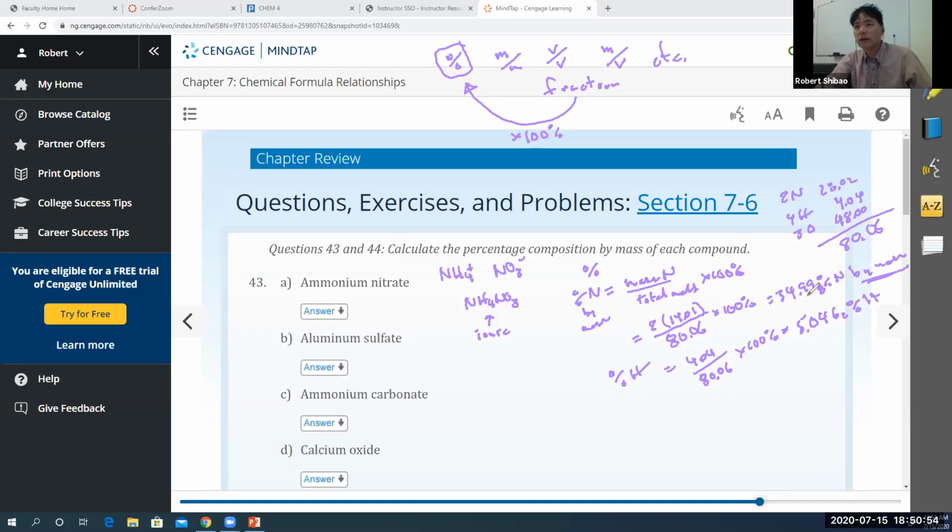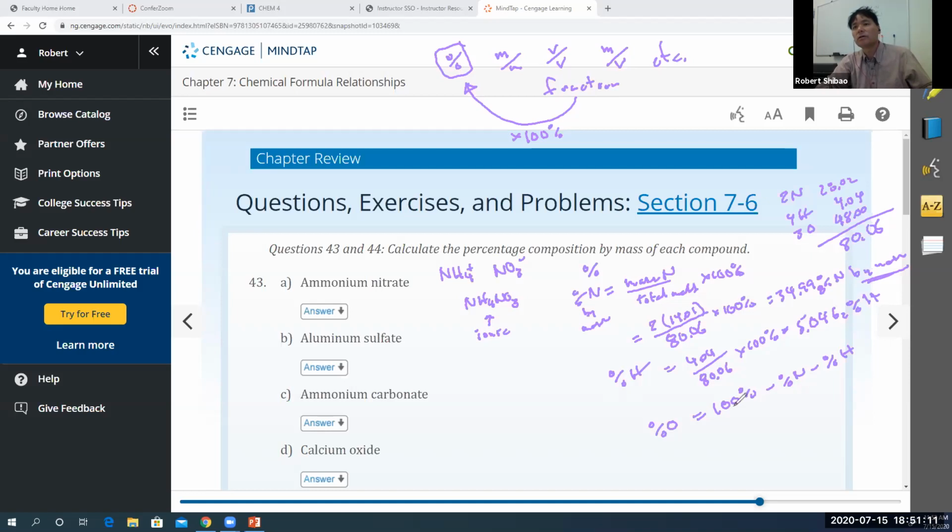The percent oxygen is the remainder. We can add these two up and subtract that from 100%. So the percent oxygen is equal to 100% minus the percent nitrogen minus the percent hydrogen.